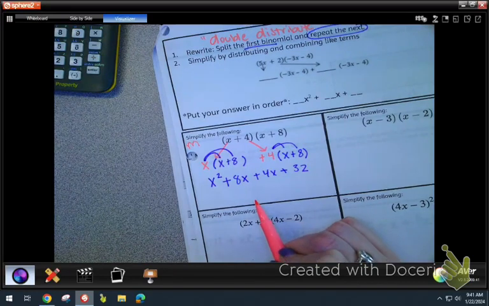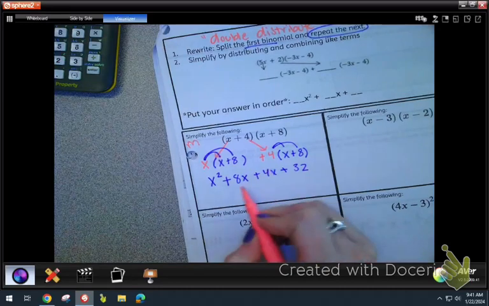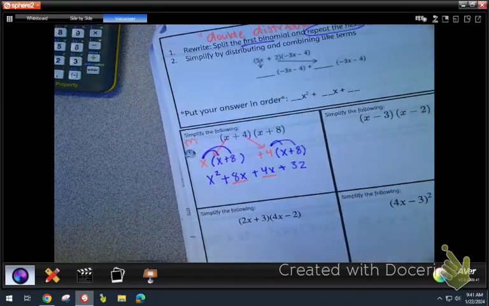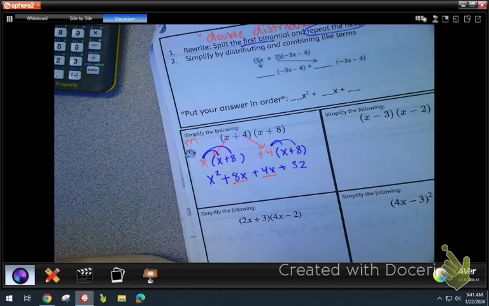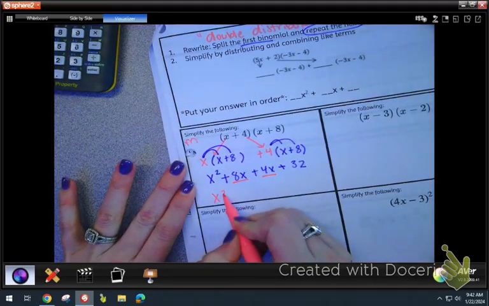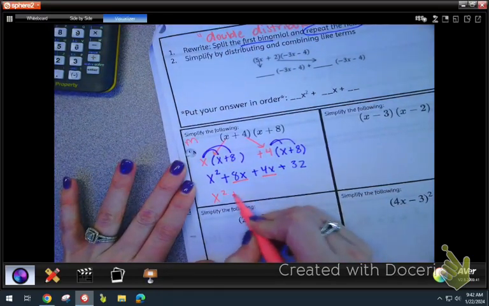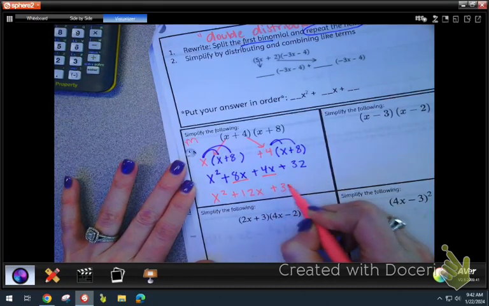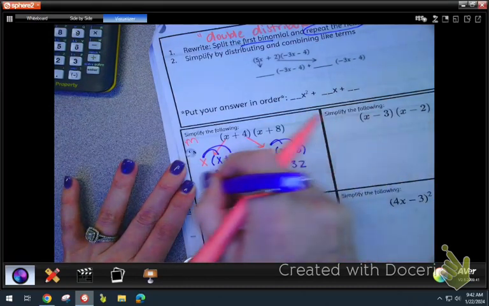That's what's going to happen every single time you do one of these. But what happens in the middle? What do I have right here, Brayden? You're the one who really noticed this. What are those? Combine like terms. So we drop down the x squared. 8x plus 4x is 12x. 32 also drops down.